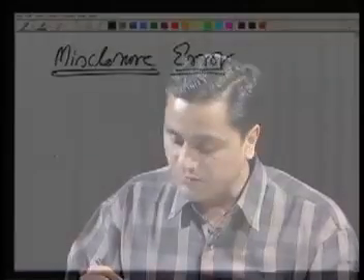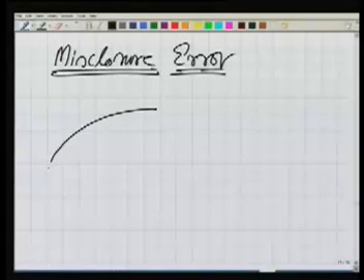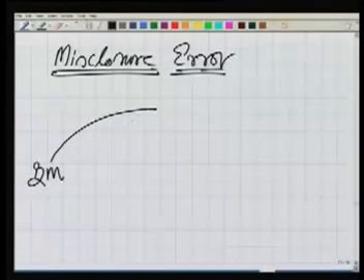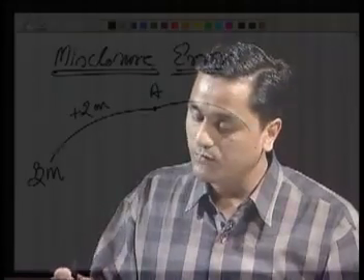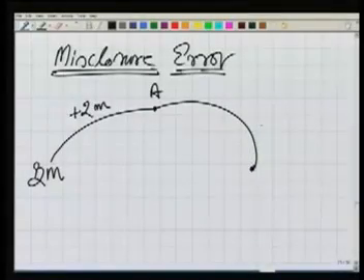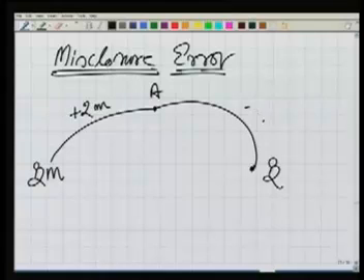Let us say we start from a point which is a benchmark, and we go to point A, and the difference in elevation between these two is 2 meter. The moment I write 2 meter, I mean I have observed the difference in elevation between these 2 points as 2 meter. Next I move to a point B, and this difference is 3 meter.